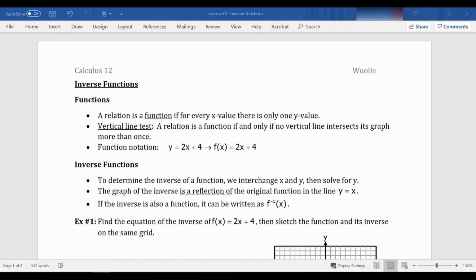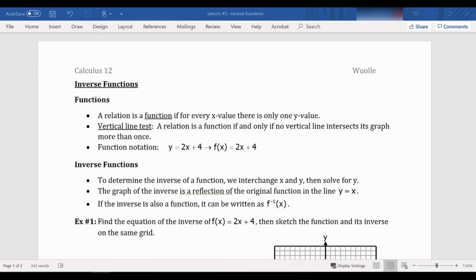So this has to be true for every point. You can't be picky and say, oh, I'm going to draw it here because it's only going to cross once. No, any vertical line that is possible for you to draw would have to only cross the graph once or no times. If it's going to intersect the graph more than once, you do not have a function.